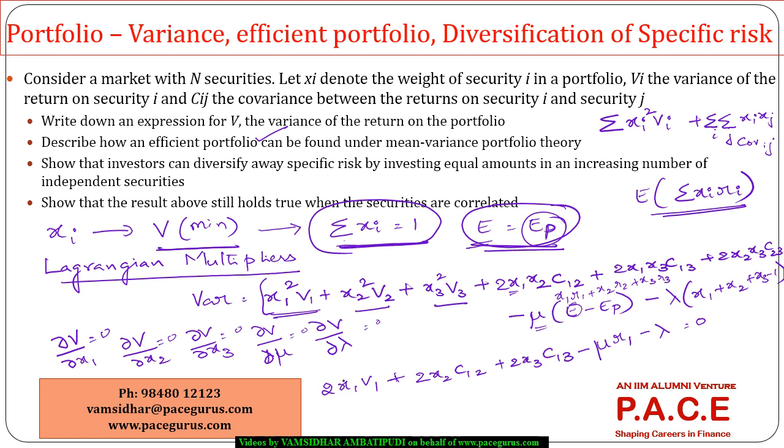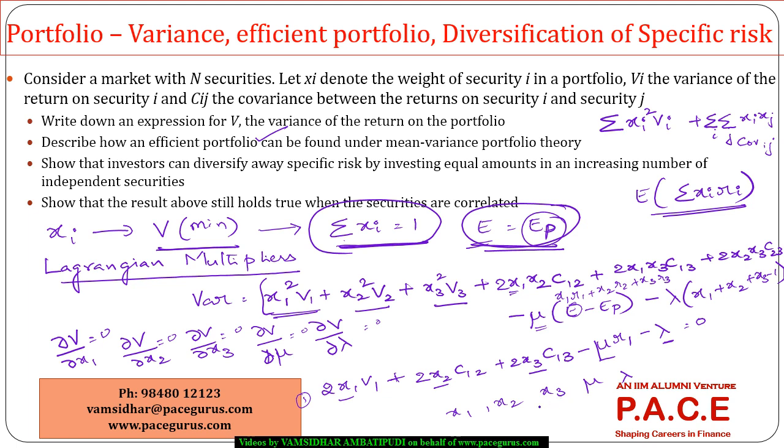So like this I get 5 equations. I'm not going to solve this here. I get 5 linear equations in 5 different variables. I can solve those linear equations and arrive at the values of x1, x2, x3, mu and lambda.